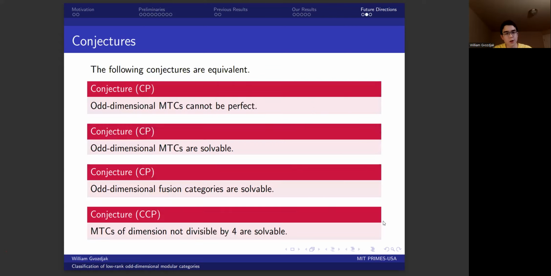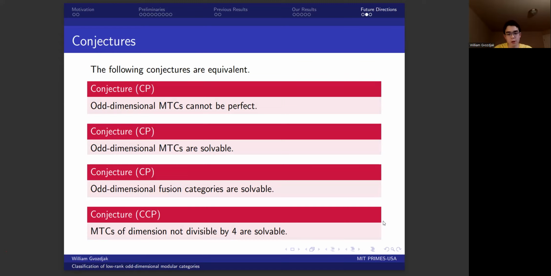Here are also some conjectures that are potentially interesting to carry into future directions. These 4 conjectures are all equivalent to showing the first one, which is that all odd-dimensional modular categories cannot be perfect.